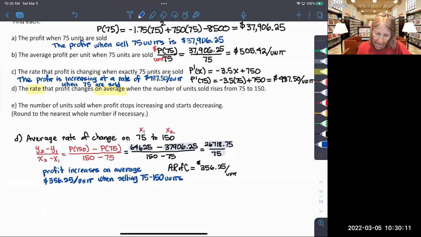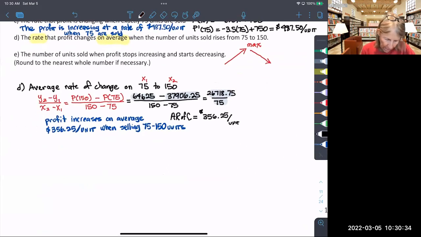Well, if you envision this, it's increasing, here's our profit going up, and then it starts to decrease. That's just asking you to find the max, right? When does it stop increasing and begin to decrease? That's when it hits the max. So part E, just in disguise, is really saying find the maximum.